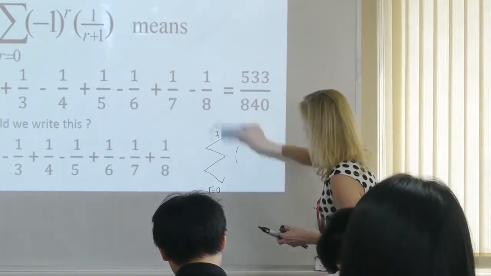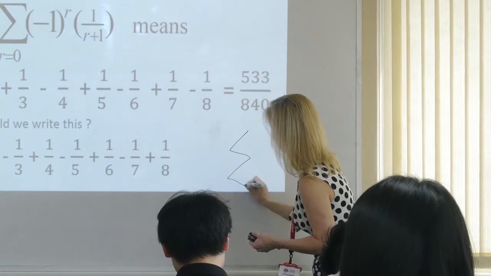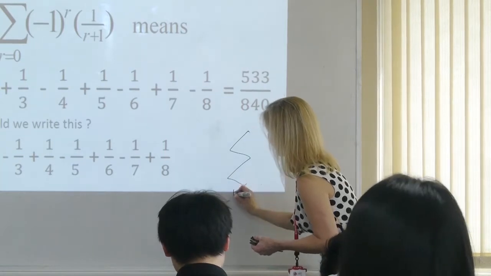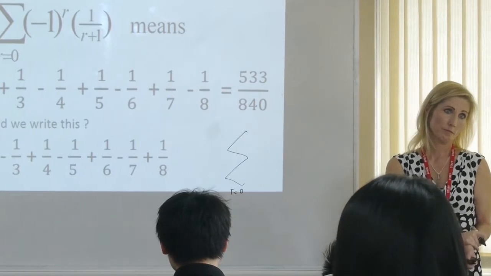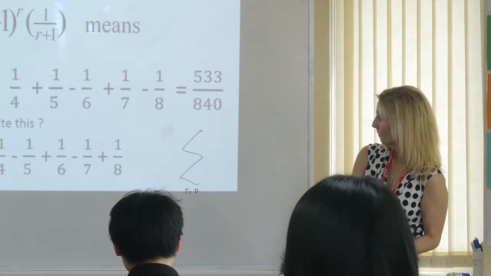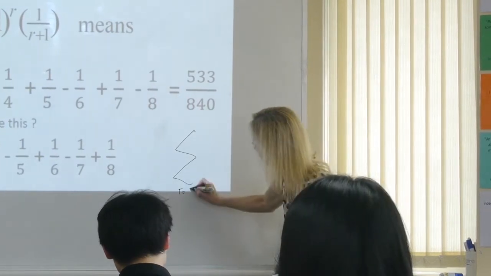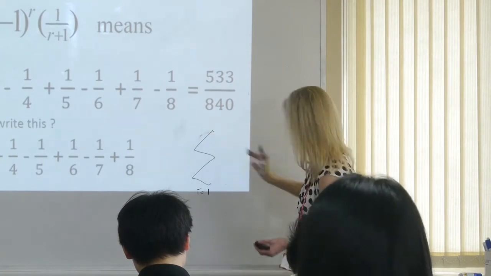Alternatively, anybody got another idea? Let's go back to the changing of the limits. R equals 0. We don't have to go up to 8, however. Sorry, r is 1 to 8.